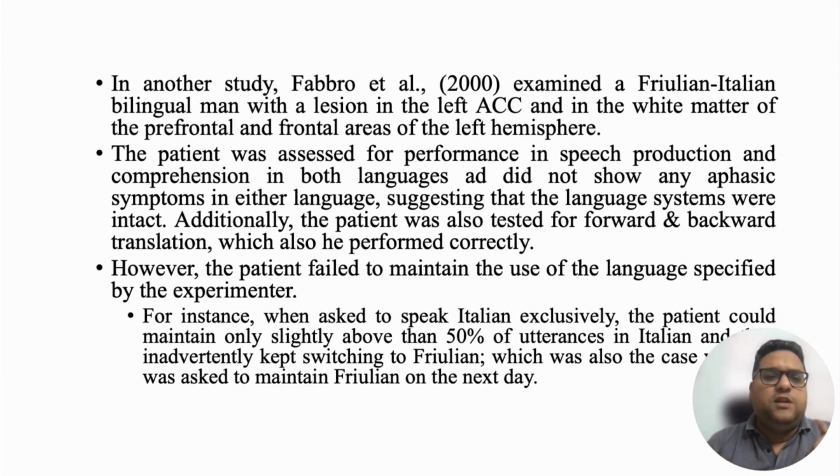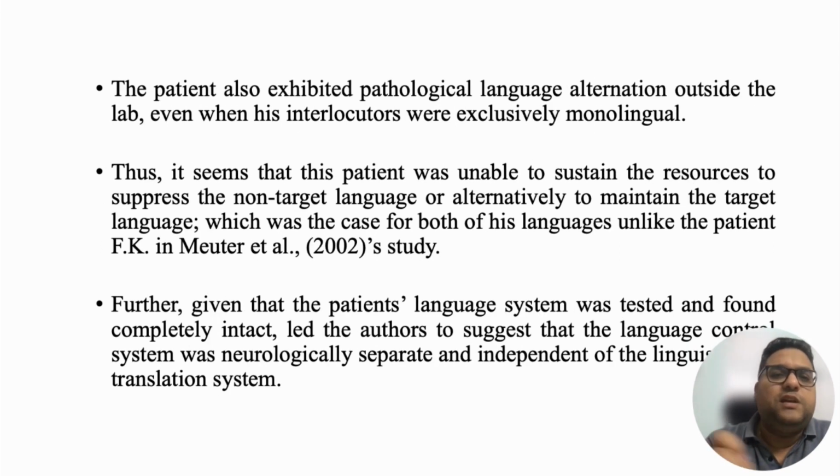So, for instance, when asked to speak in Italian exclusively, the patient could hardly maintain slightly above chance levels of utterances in Italian and inadvertently kept switching to Friulian, which was also the case when he was asked to speak exclusively in Friulian. The patient also exhibited pathological language alternation outside the lab even when his interlocutors were exclusively monolingual.